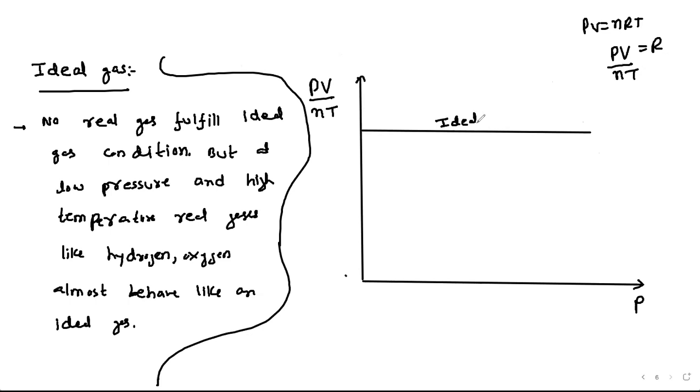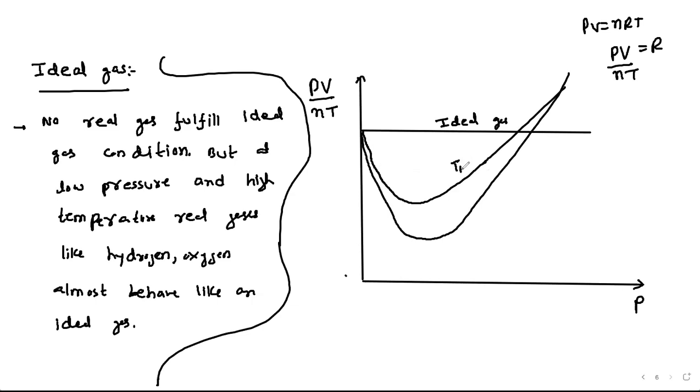But if you plot the same thing for a real gas, then you will observe many variations. So this is at temperature T1.